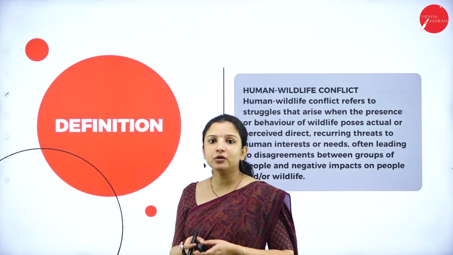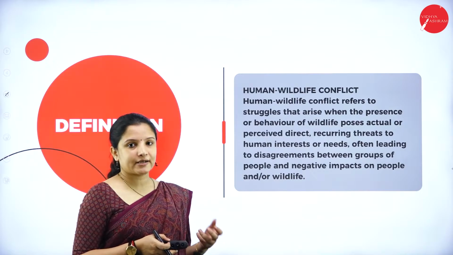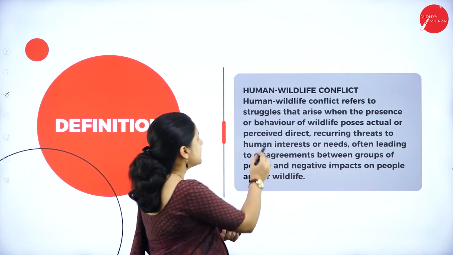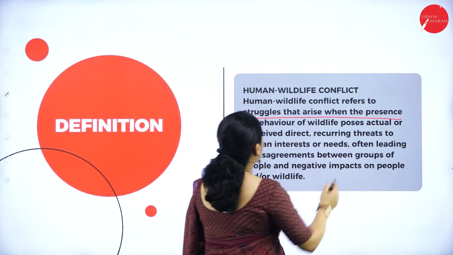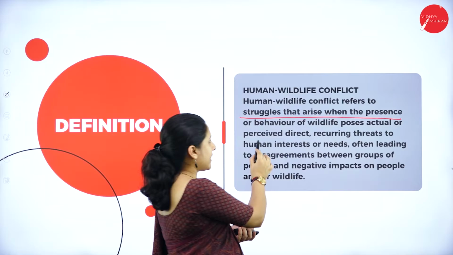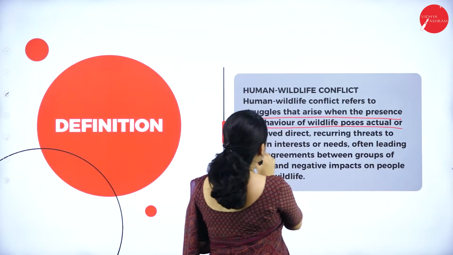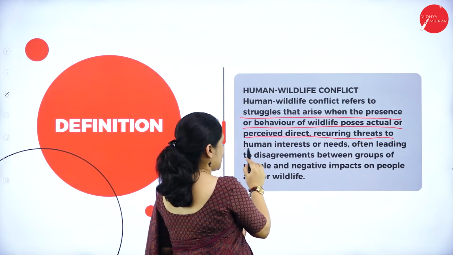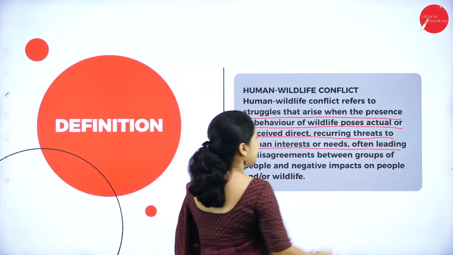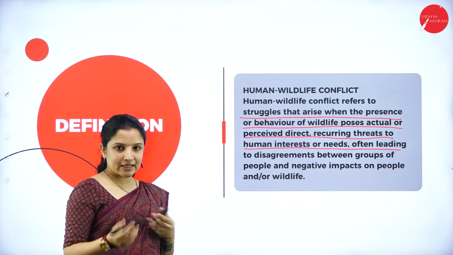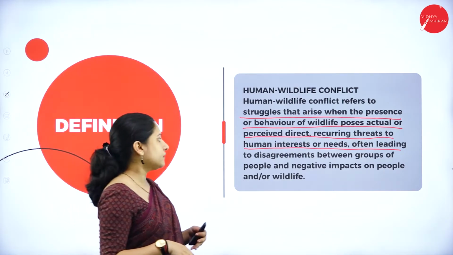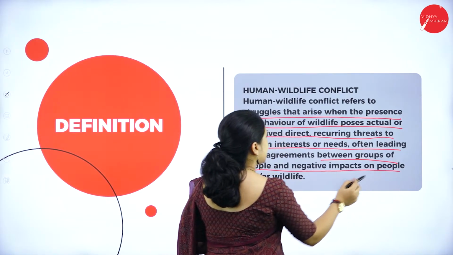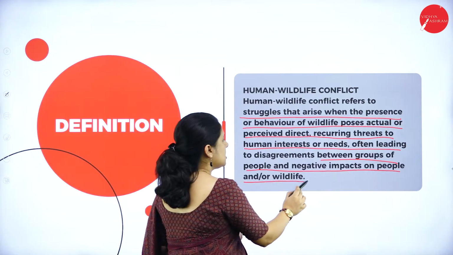So talking about human-wildlife conflict, what exactly is human-wildlife conflict? Human-wildlife conflict refers to struggles that arise when the presence or behavior of wildlife poses actual or perceived direct, recurring threats to the human population or the needs of human beings, often leading to disagreement between groups of people, and therefore causing a negative impact on the people or on the wildlife.